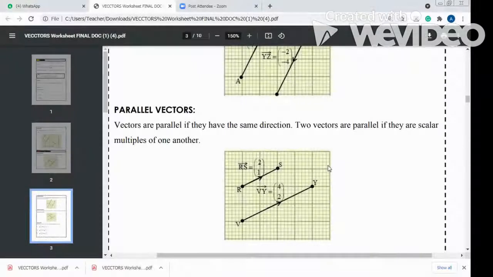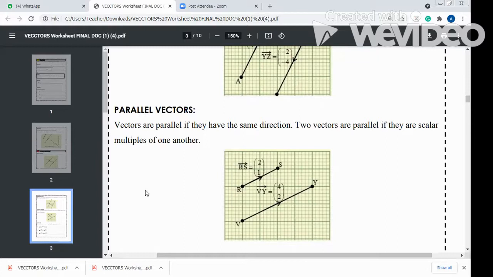All right, so what are parallel vectors? You'd have come across this word already: parallel. When two lines are parallel, they travel in the same direction, you'd have probably learned about that. Vectors are parallel if they have the same direction. But guess what now?